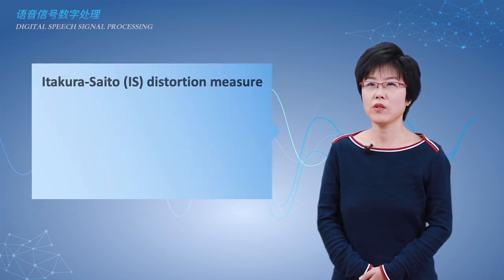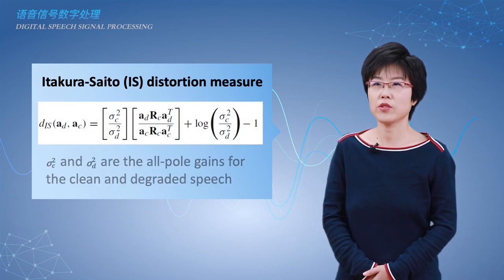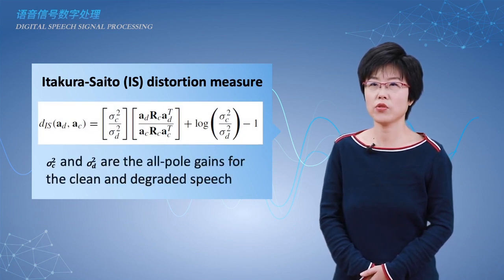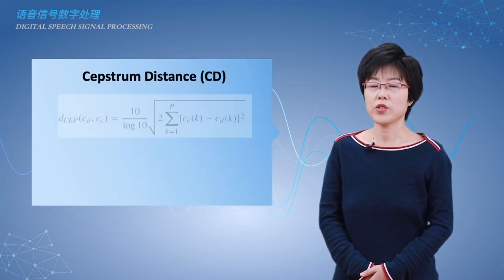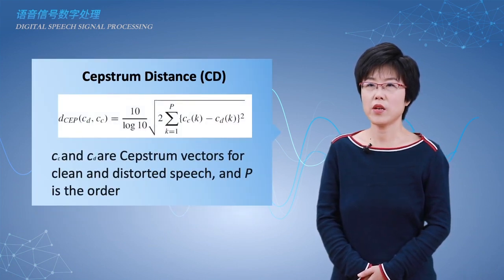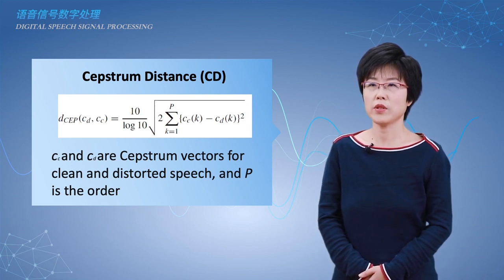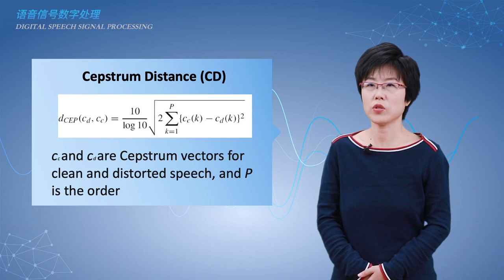The Itakura-Saito (IS) distortion measure is also a distance measure calculated from the LPC vector. The cepstral distance, CD, is an estimate of the log spectrum distance between clean and distorted speech.